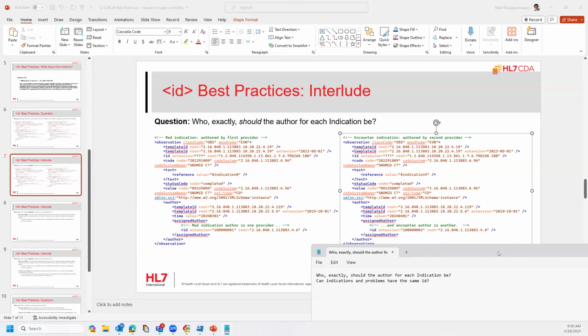So I think the answer to this question is the author of the indication is the person who's explaining why the medication was given or why the encounter happened. It's not the same thing.